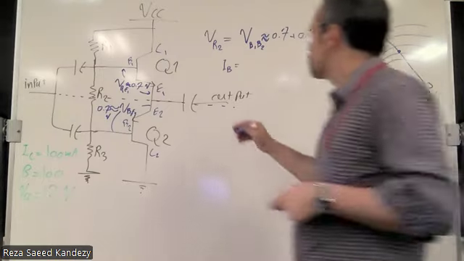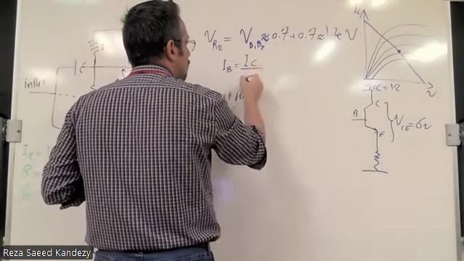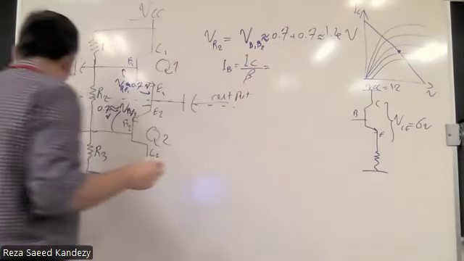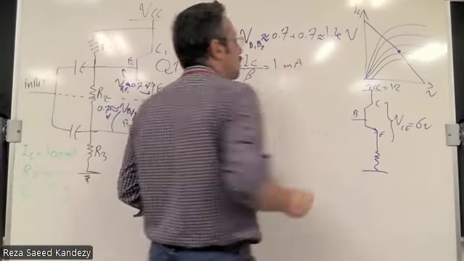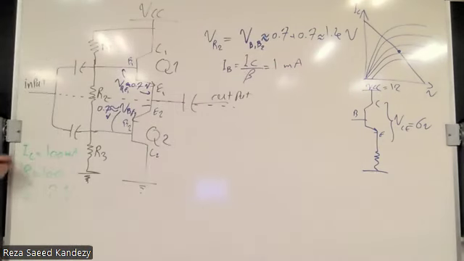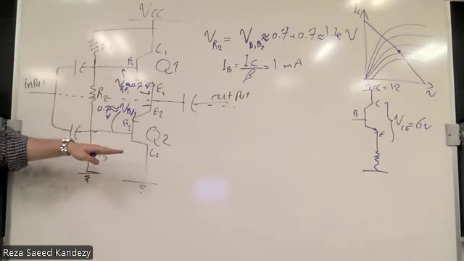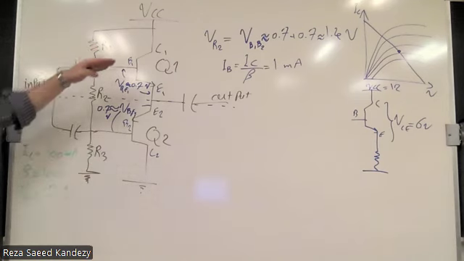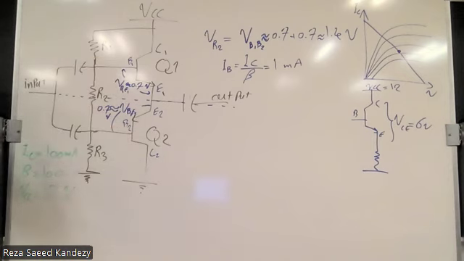The base current is going to be the collector current over beta, which is 100 milliamp over 100, which is 1 milliamp. So in order to have a collector current of 100 milliamp, I need to have 1 milliamp injected to each base. So 1 milliamp here, 1 milliamp here. Is that good so far?